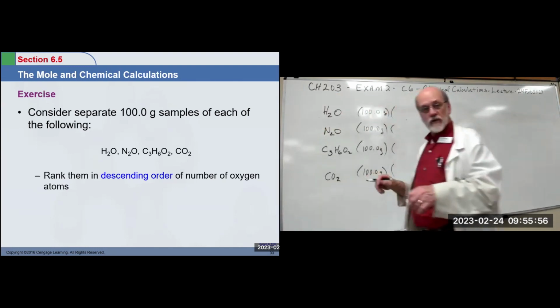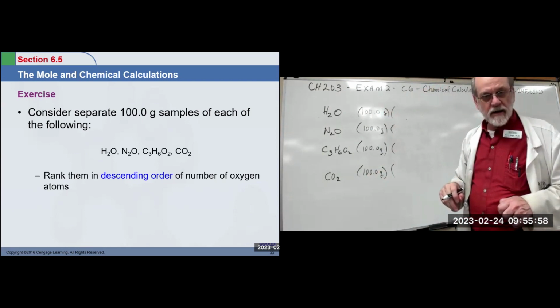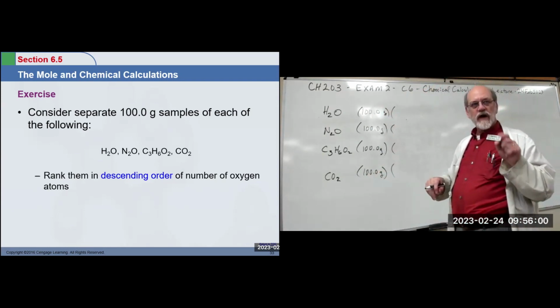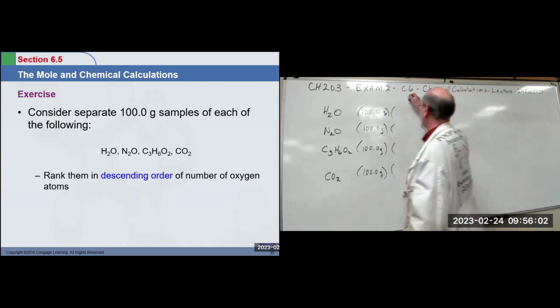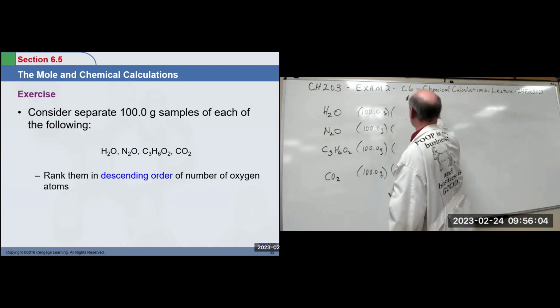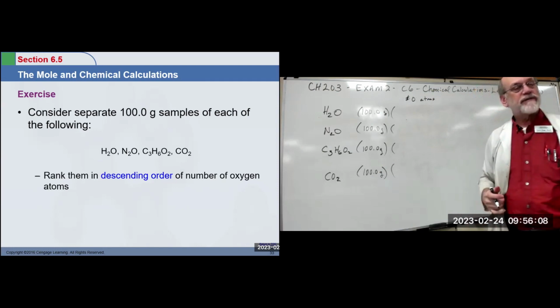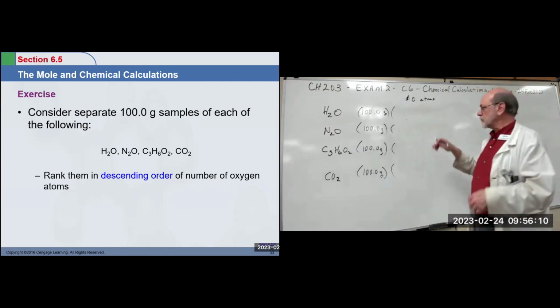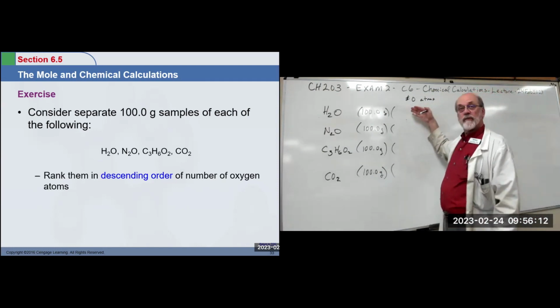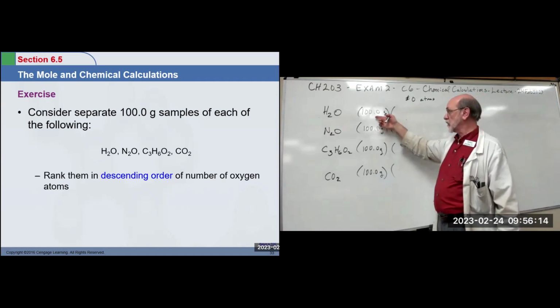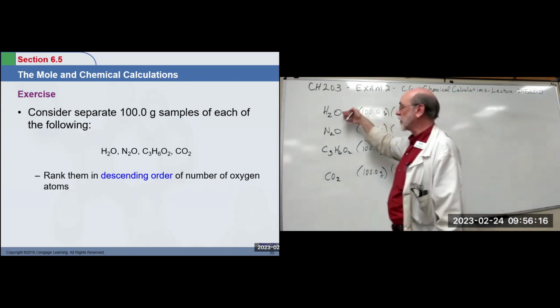All right, so what was the question? Descending order, number of oxygen atoms. That's what we're looking for. So we need to find the number of molecules first, because we have a mass for the molecule.